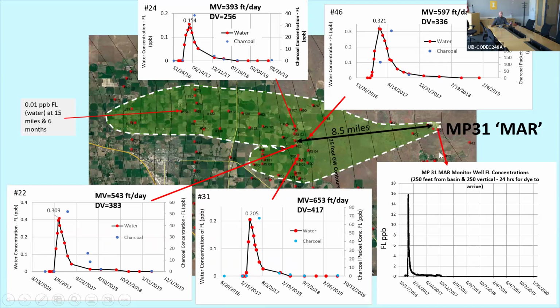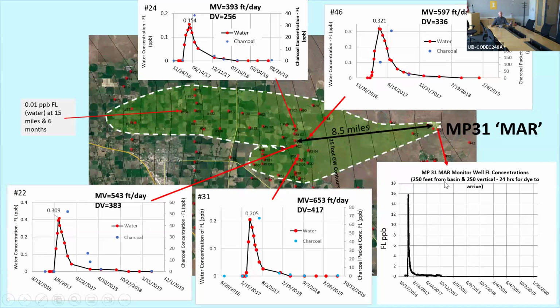And these are breakthrough curves from different locations down that dye flow path. Near the basin, we have instruments that recorded a peak concentration of about 16 parts per billion, but it drops dramatically as that dye moves away from the basin very quickly.